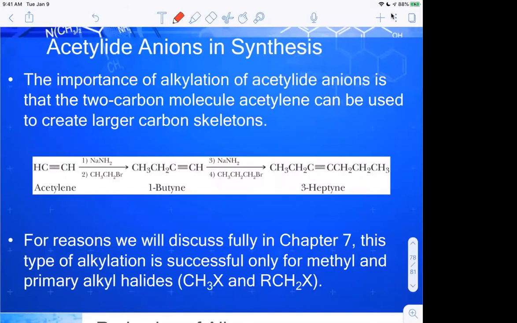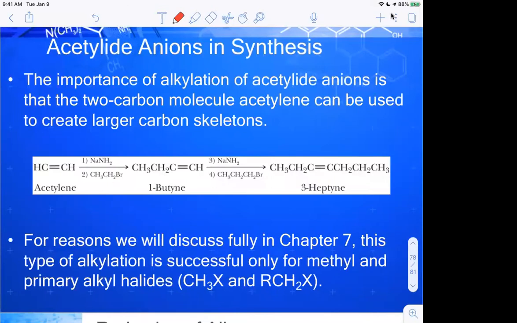So I'm building my molecule from lower carbon count reagents, and I need ways that I can introduce carbon-carbon bonds. And this is one of the first ways that we can do this.